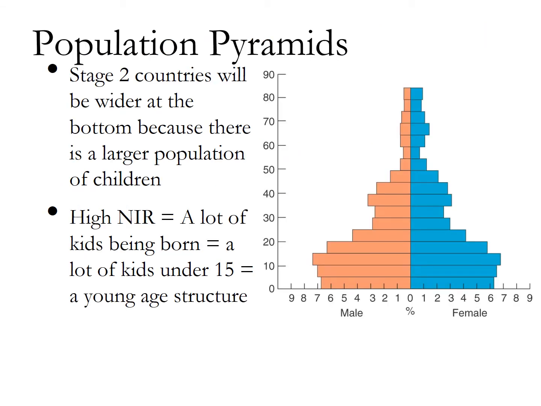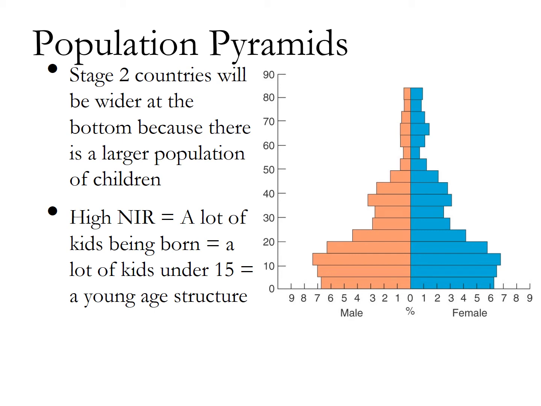So on the topic of the demographic transition model and population pyramids, because they are the same. So if we go back, we remember that stage 2 of the demographic transition model is the population explosion. It's where you got a lot of births and the deaths suddenly drop. And we have this really high natural increase rate. We see the population ramp up, and that's what you're seeing here.